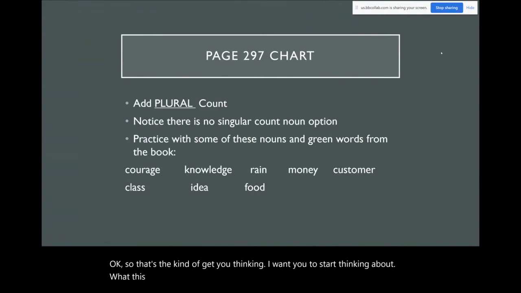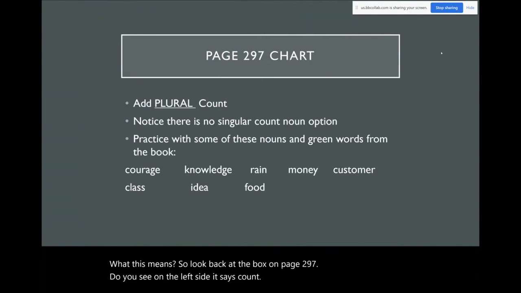So look back at the box on page 297. Do you see on the left side it says count? On the next column it says non-count. Does everybody see that? Yes, in the box, 11.5. Where it says count, I want you to write the word plural.